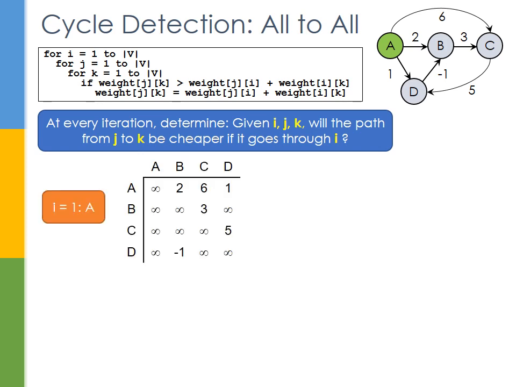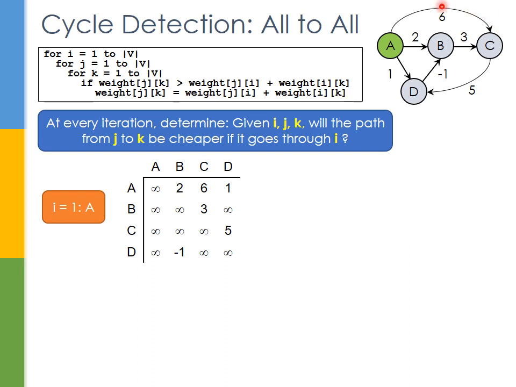So on the first iteration, i takes on a value of 1, which means that we're dealing with vertex A. So we're testing to see, are there any paths between 2 vertices that if they connect through vertex A, we then have a shorter path.